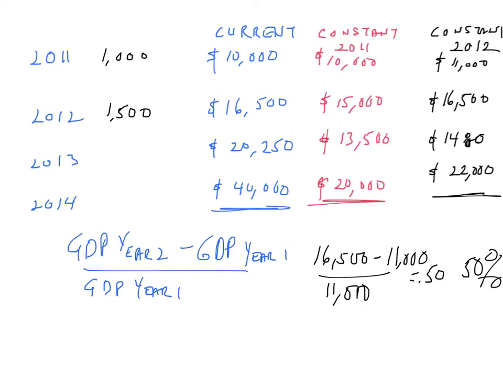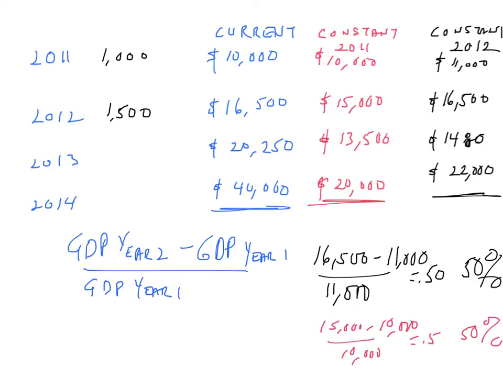Now we could have just as easily used the red dollars, the constant 2011 dollars, to calculate it. 15,000 minus 10,000 divided by 10,000, which would still be 0.5 or 50%. So it wouldn't make any difference which year in real dollars we're using. Doesn't matter which baseline year we choose. The growth rate is still going to be the same.